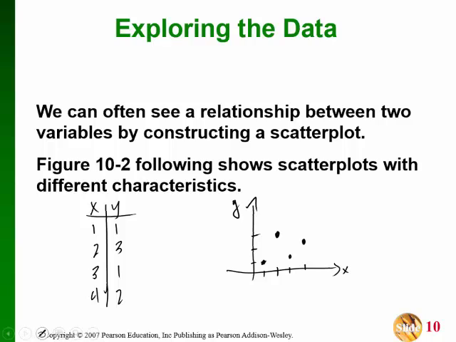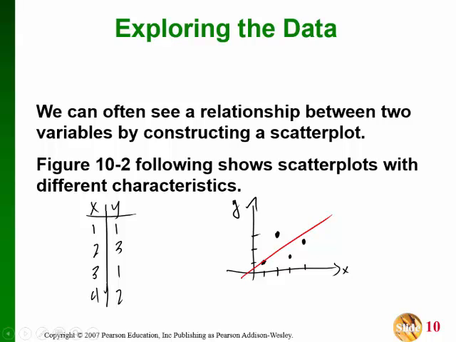So we can ask ourselves, how close does this look to a line? Is it close? And if it were close enough, can we draw a line that would kind of best fit the data? Would a line like this best fit the data? I don't know. It hits those 2 points, but then it kind of neglects these other 2 points. So maybe a line more towards the middle between them might fit the data.